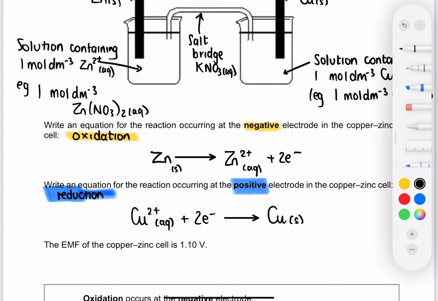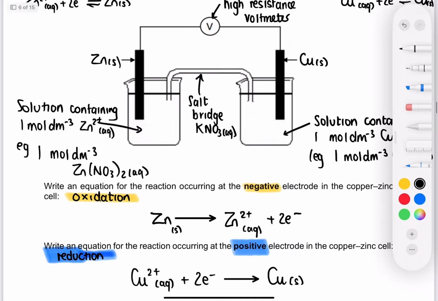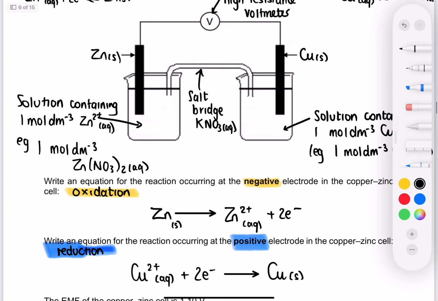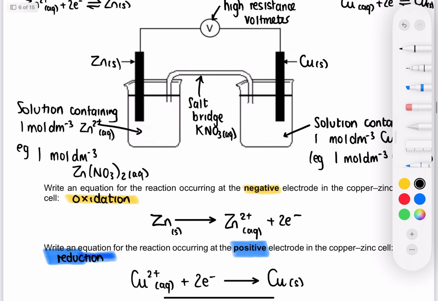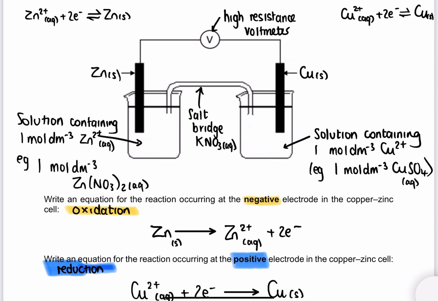So we had a look to see which of our beakers was connected to the positive terminal of the voltmeter, and we say that's the positive electrode, we draw it on the right hand side and we do its equation as a reduction. So this is the positive electrode and this is the negative.